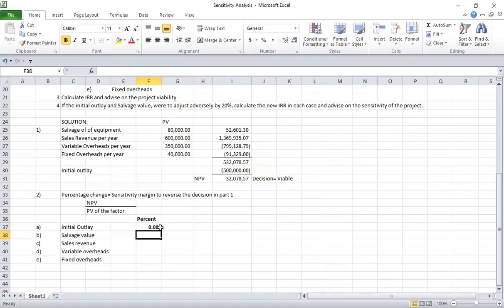That gives us 0.06. Because we are looking for the percentage change, convert that to a percent. How do you convert that to a percent? You can just highlight it, then press this percentage option up there. Under this option, pick the percentage. So you realize that this comes to about what percent?